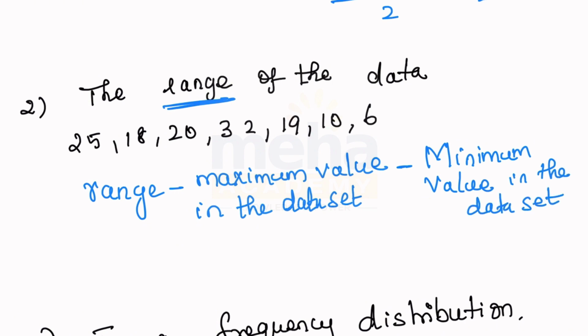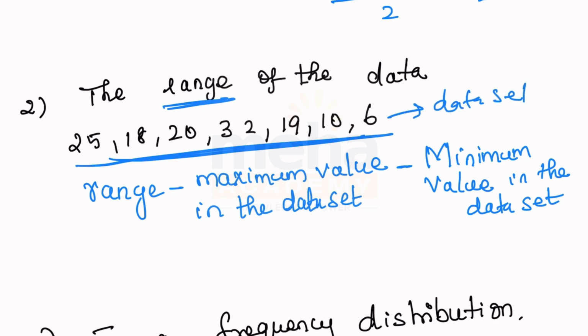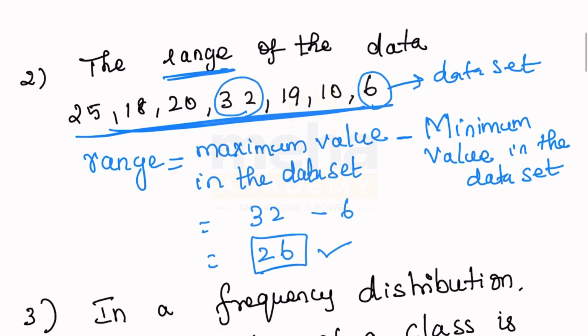The data set is nothing but the collection of this data. Here the maximum value is 32 and the minimum value is 6. So 32 minus 6 gives me 26, which is the range.